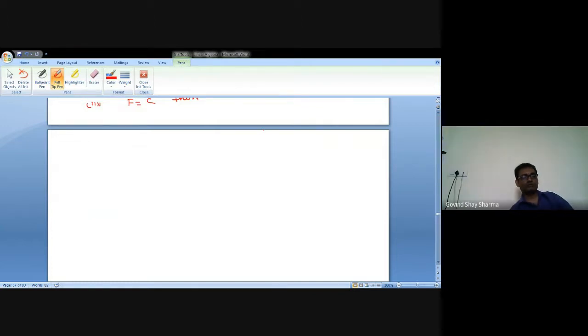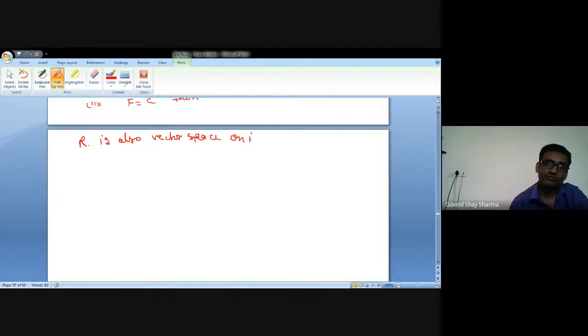The set of real numbers R is also a vector space on itself. That means if R is a field, then it is also a vector space over itself.